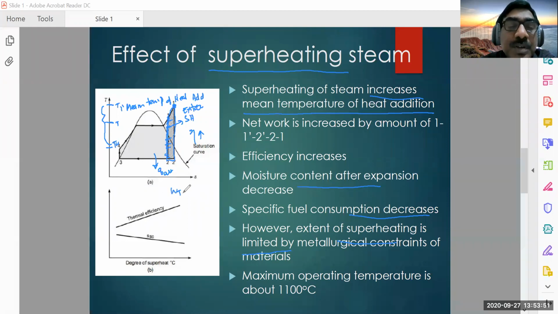What is the original work? This is nothing but H1 minus H2. This is H1 dash minus H2. Because this H1 dash is more, this work will be increased.